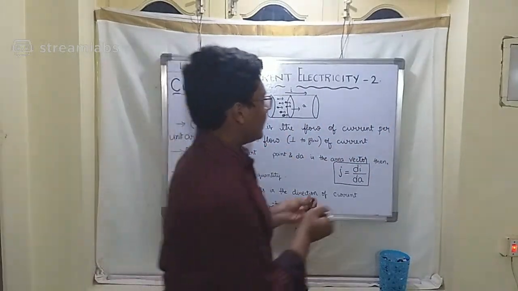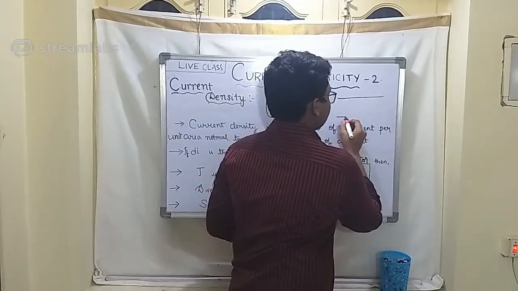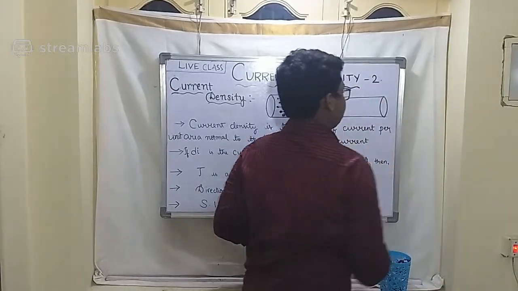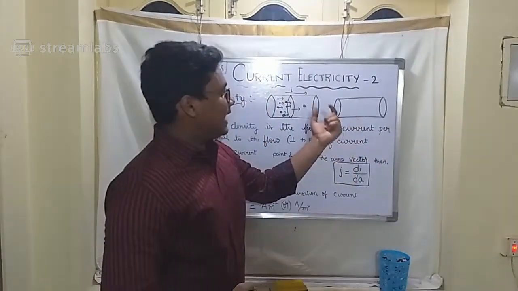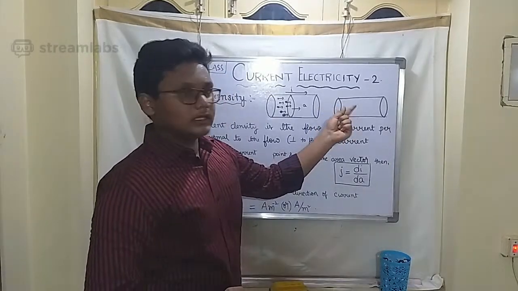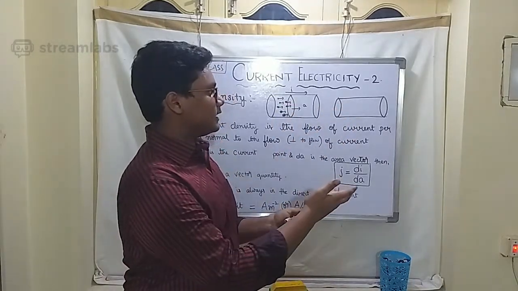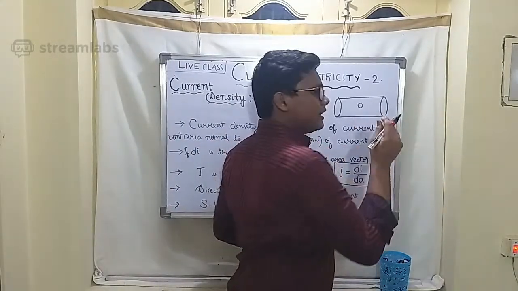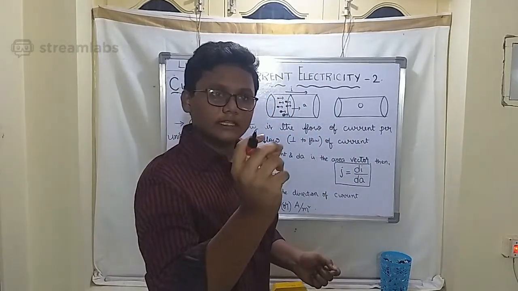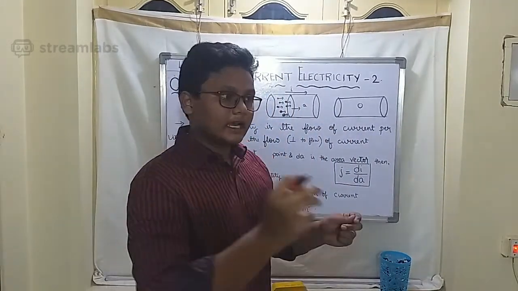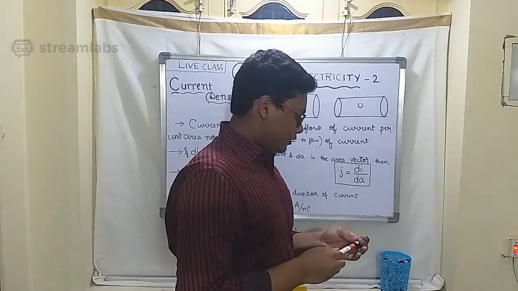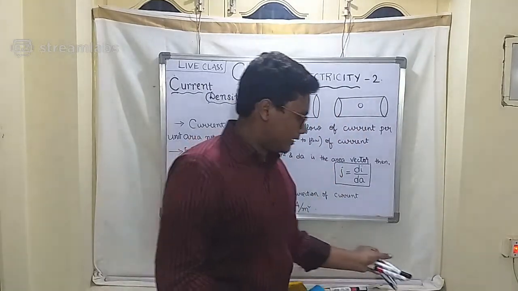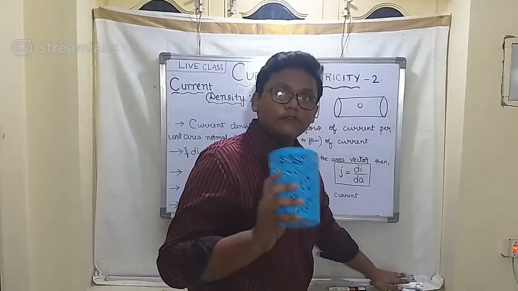If we take a conductor, the current is flowing in it, and at different points of the conductor the current flow is different, it is not the same. If you can understand this when the current flow is compared with the flow of water.